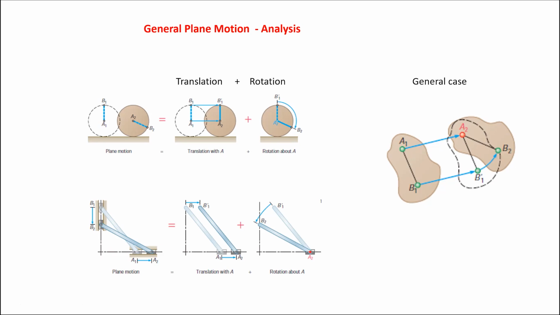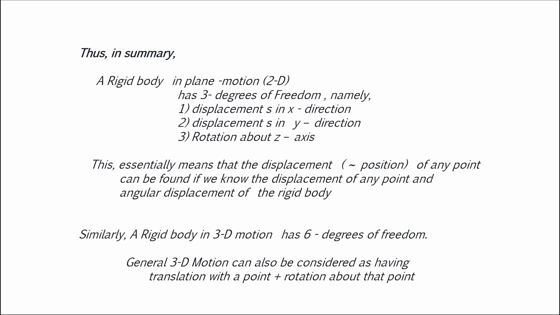Now, in summary, this is very important for us. What we say is a rigid body in plane motion. Now we are introducing degrees of freedom. We have been talking about this a lot.